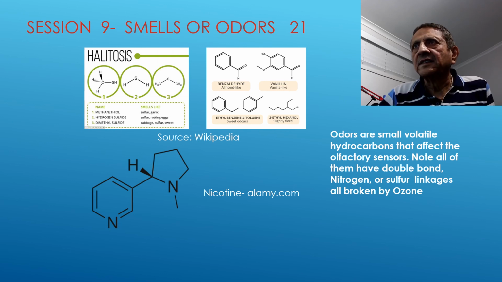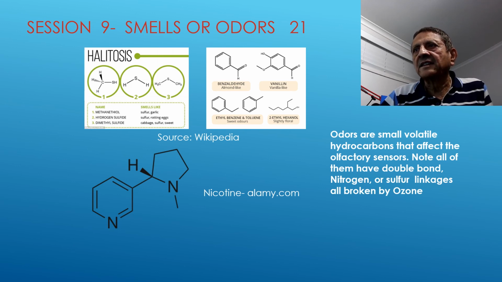You will note the typical almond smell of benzaldehyde, the vanilla smell of vanillin, the ethyl benzene and toluene have a slightly sweet odor, and ethyl hexanol has a floral smell, and 2-ethyl hexanol, ethyl benzene, etc. will have a specific smell.